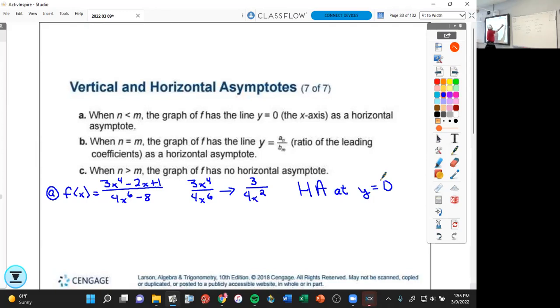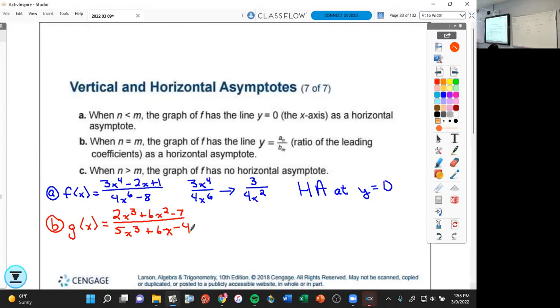Part B. Let me make up another function. G of x equals, it says when n equals m. So 2x cubed plus 6x squared minus 7 divided by 5x cubed plus 6x minus 4.